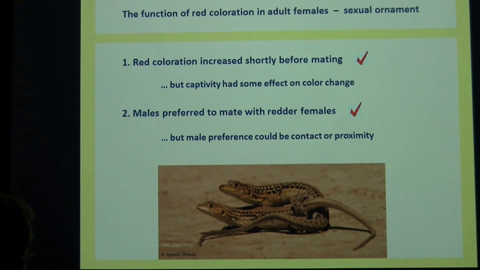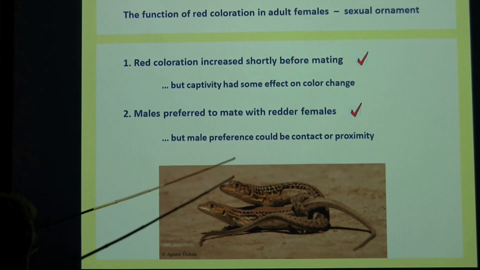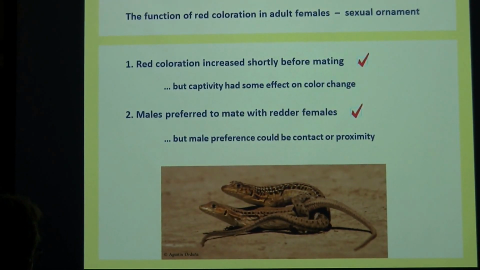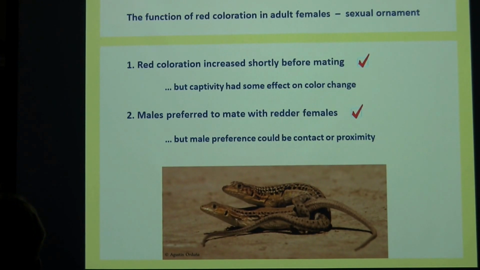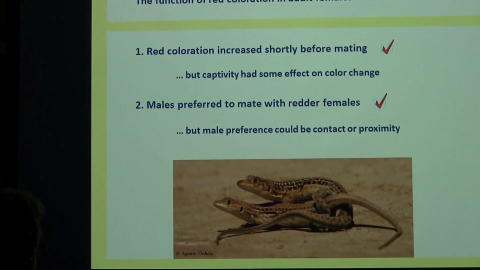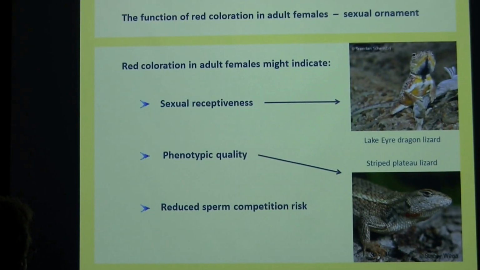As happened with the other studies, the results were not completely clear-cut. For example, because captivity had some effect on color change, and because male preference sometimes was expressed as contact and sometimes as proximity to the stimulus. Even if red coloration makes adult females more sexually attractive to males, we still don't know what the red color is really indicating.